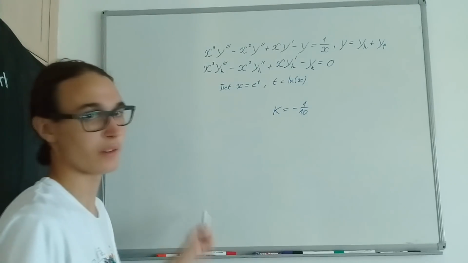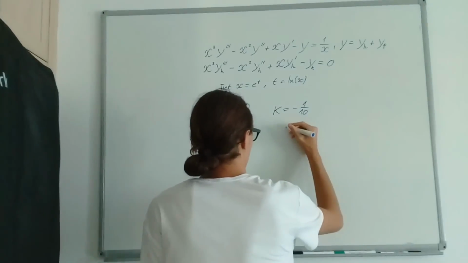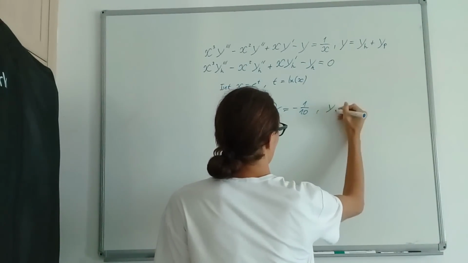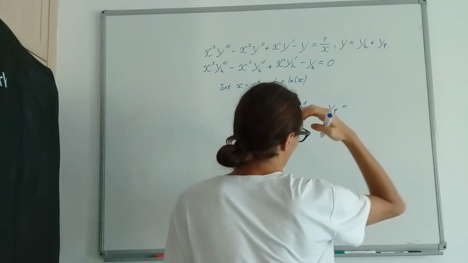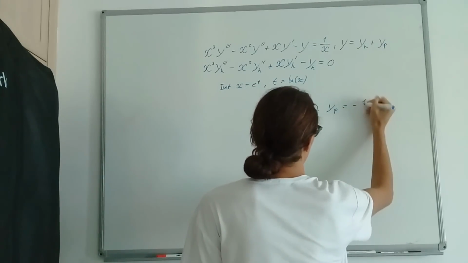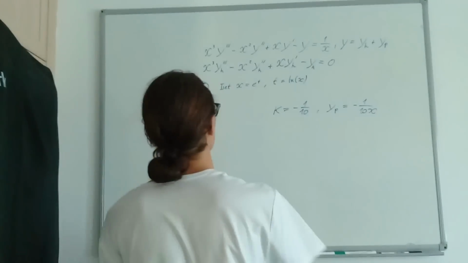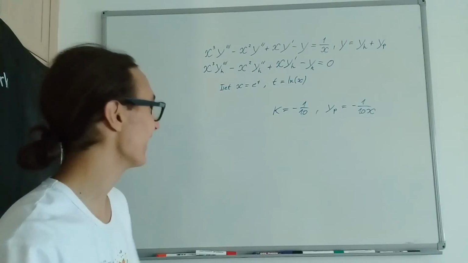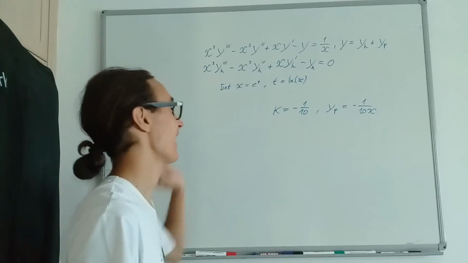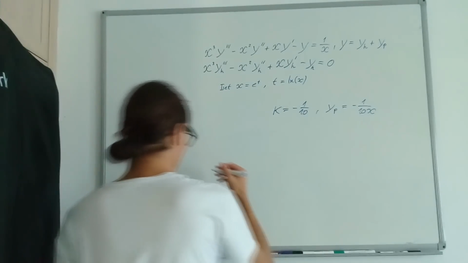So essentially we're done, because our particular solution now is just, what was it? k over x, so minus 1 over 10x. Yep, that's that. So finally, it's time to get our general solution, y.